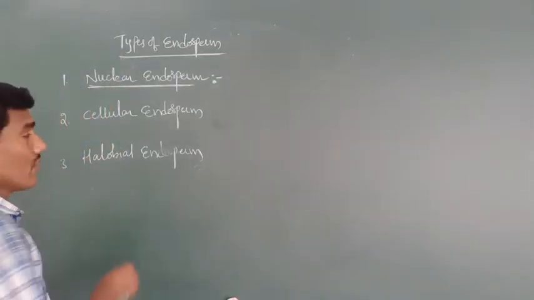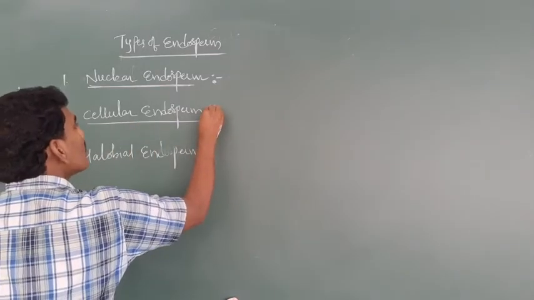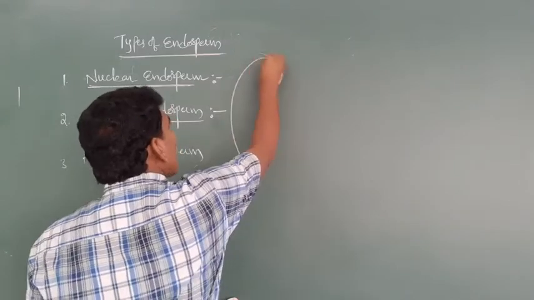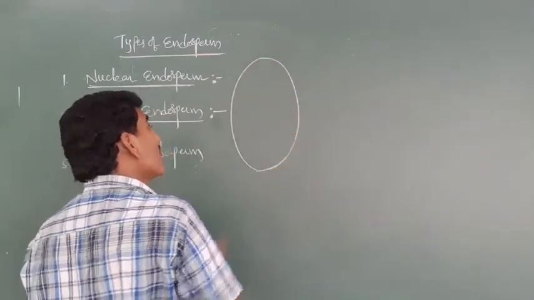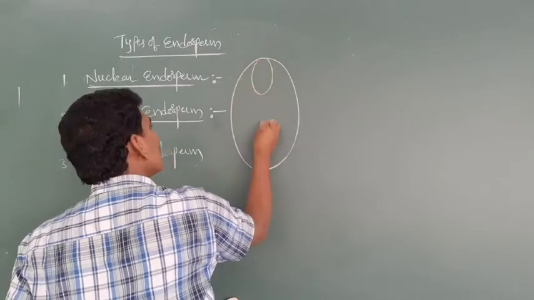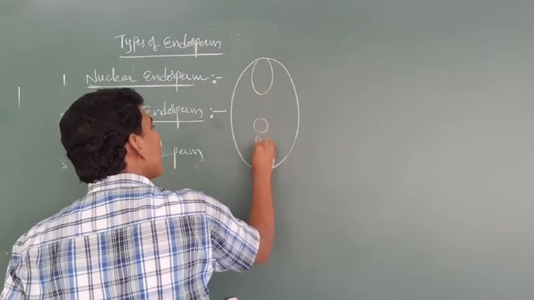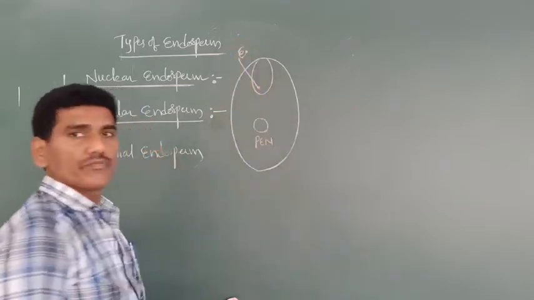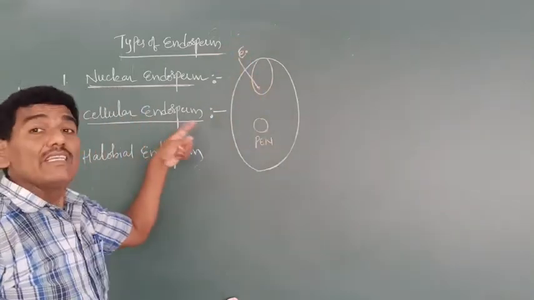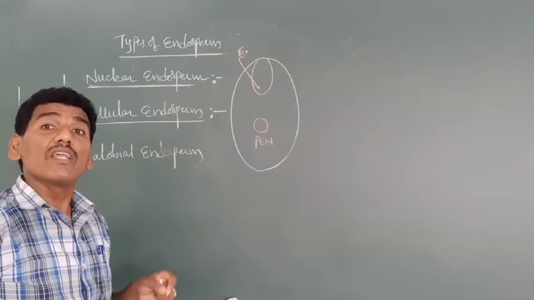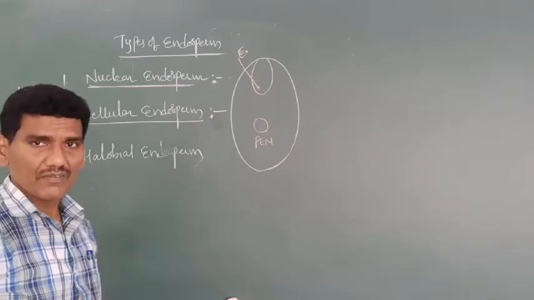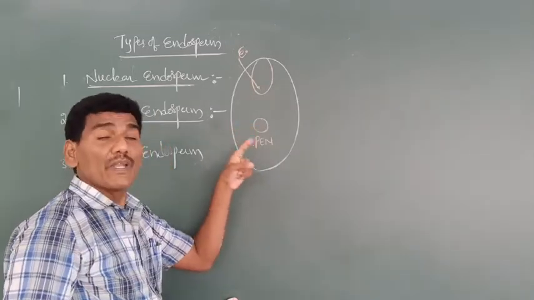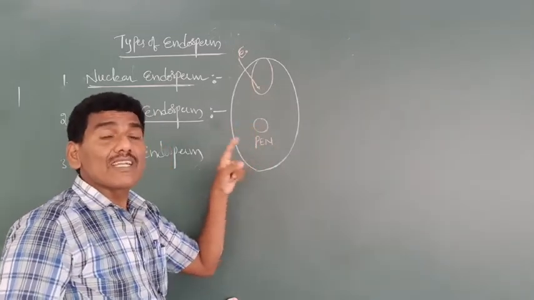Second one is cellular endosperm. Here this is one endosperm. This is one embryo sac. This is the embryo. In this type, the free nuclear division does not exist.